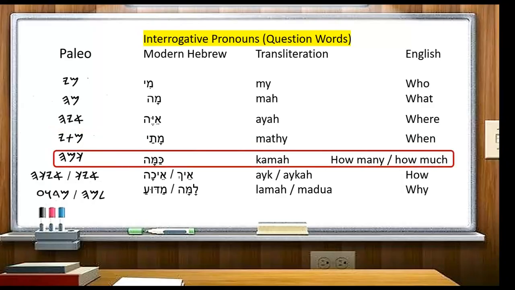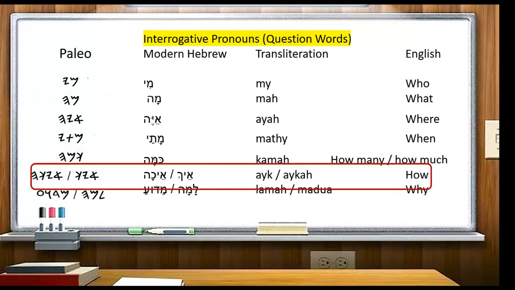To ask how, similar to the Yahudyth name for Lamentations, Ika or Aika, which means how. That's what that book means, how.